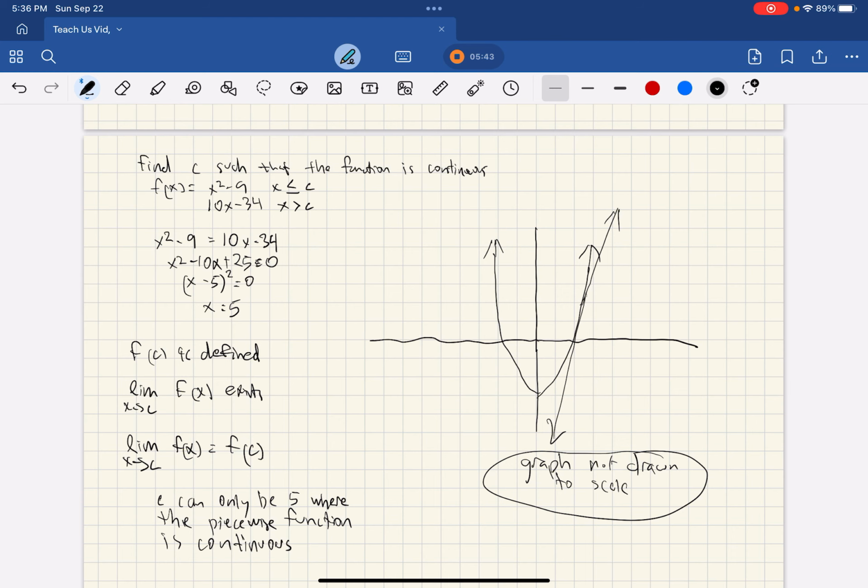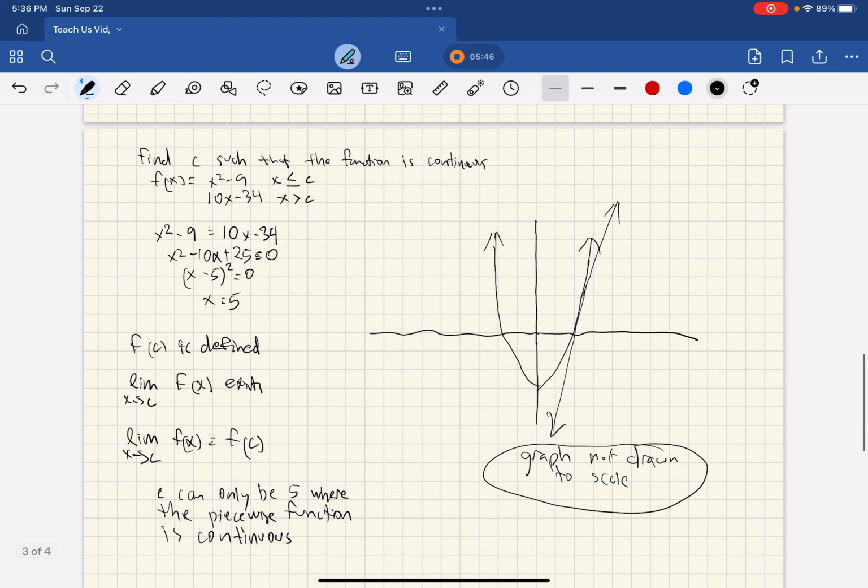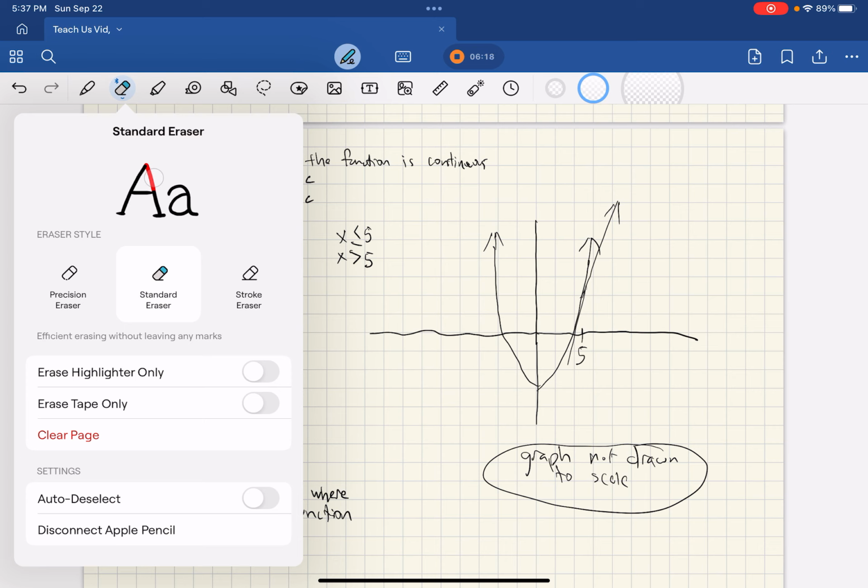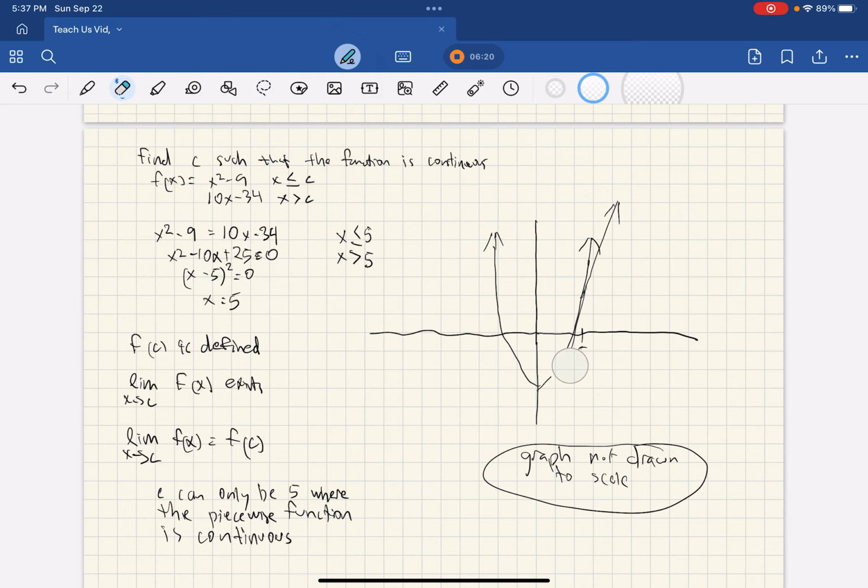So now we know that our c is 5. Here are our conditions, so 5 is going to be, let's say, around here. If we follow this restriction, our graph is going to be in this position.